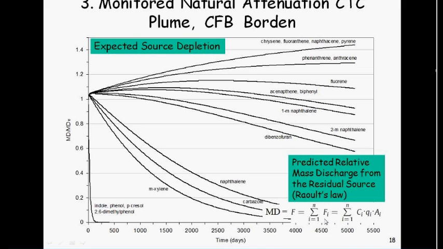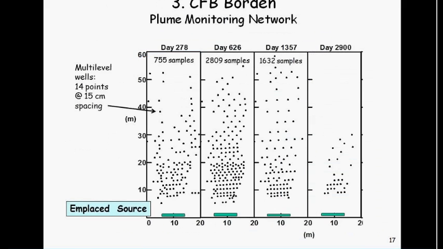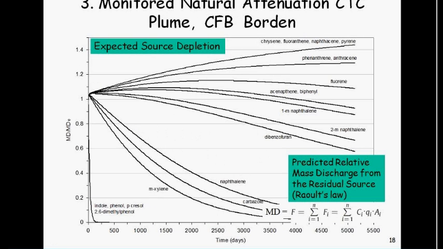That is, how much mass is coming through some cross-sectional area, some water flux, and with a certain concentration. So on a fence of wells, typically near the source, somewhere down in here, we would sample all of the wells, and for each one we would calculate the mass flux for that particular part of the aquifer, and then add them all up. And this is what you would expect if Raoult's law applies.